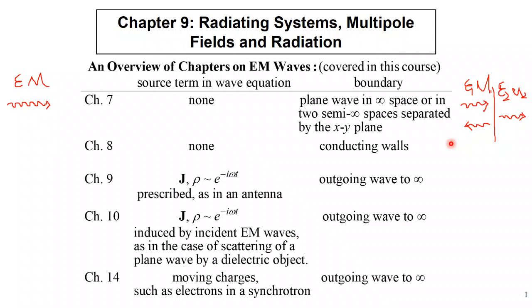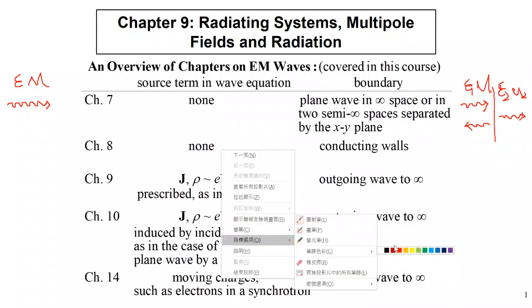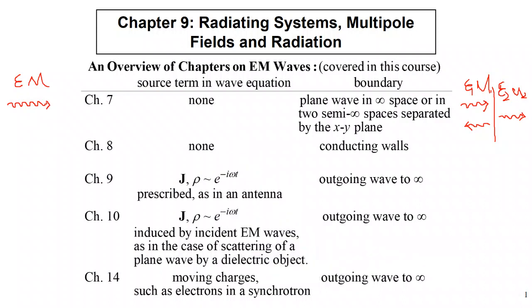Now, in the last chapter, Chapter 8, once again we did not consider any source, and we considered a uniform waveguide of infinite length, rectangular or cylindrical.